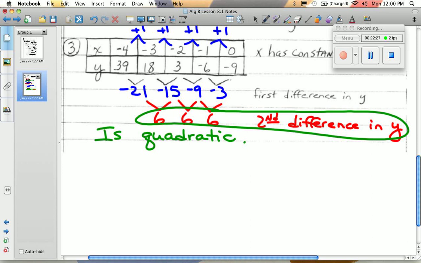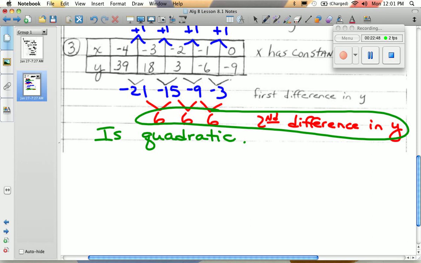If you do a second difference and it is common, then you can say it's quadratic. If you do a first difference and it's common in the first difference, you just stop right there and say, wait a minute, I already got my common difference in the first difference. It can't be quadratic because that can't show up until the second difference.